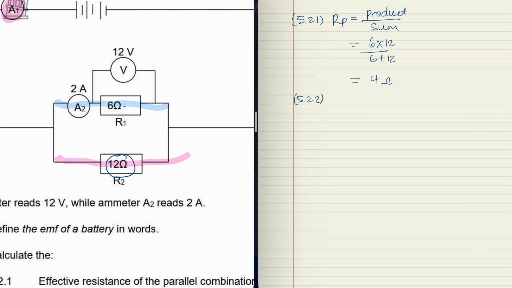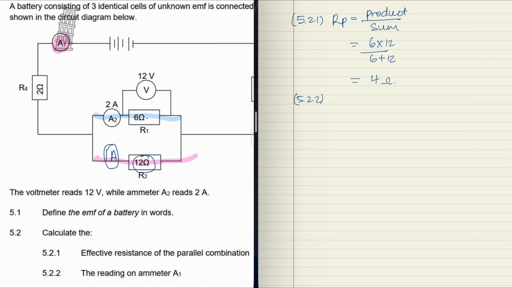So the current going through this pink branch is going to be half the current going through the blue branch, because current takes the path of least resistance. So this is going to be 1 ampere. Now, to calculate the total current, you simply have to add these two branches. So A1 is going to be 2 plus 1, which is 3 amperes.